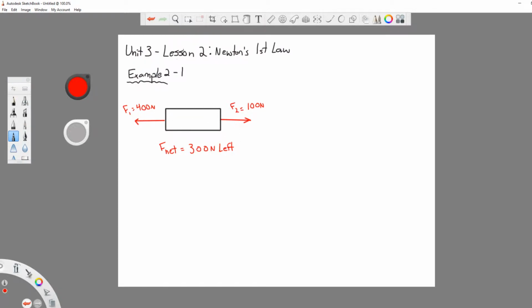The idea of the equilibrant is to add another force to this to counteract this net force so we can make this thing stop. Right, so I think we can, without again doing any math, we can probably see, well, if the net force is 300 to the left, all we have to do to counteract this is add another 300 to the right, then it will be 400 left, 400 right.